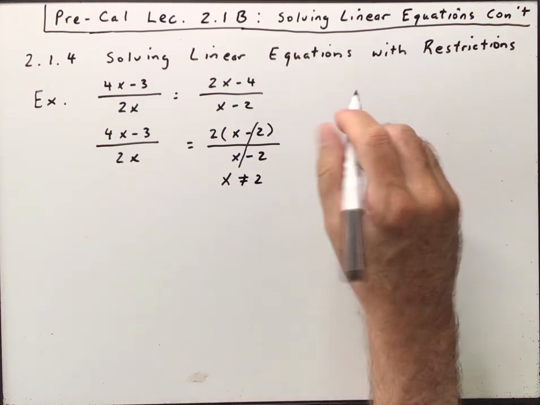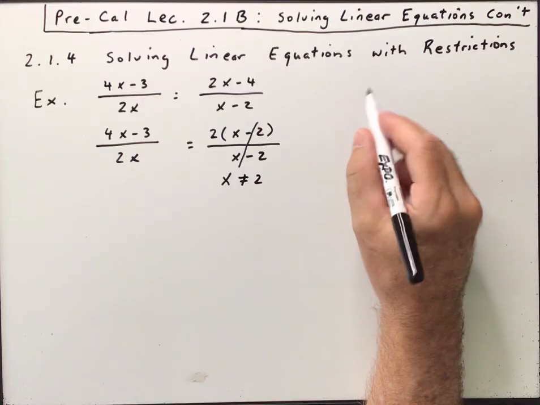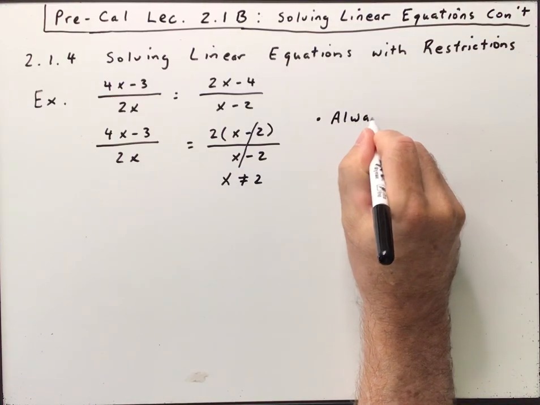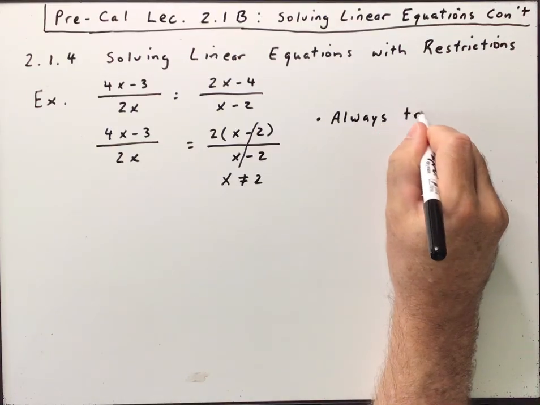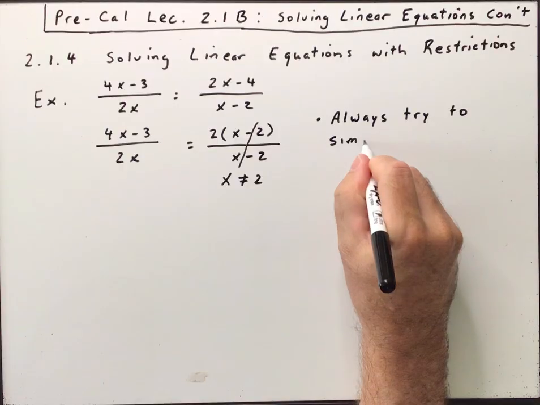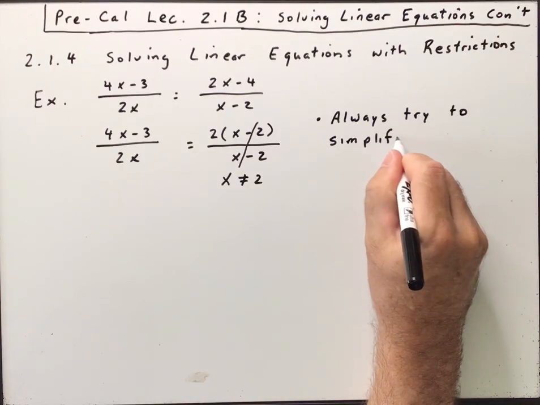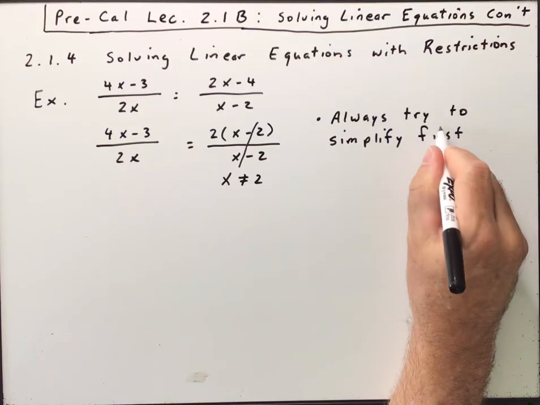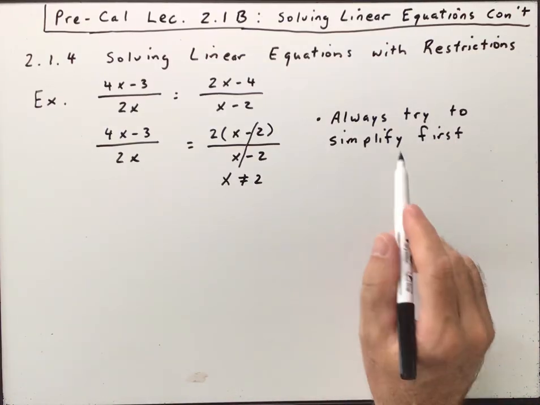So just make a note: instead of cross multiplying, you always try to simplify first. It makes your life a whole lot easier if you can simplify, maybe factor something out.